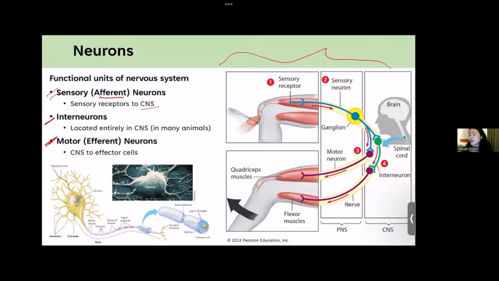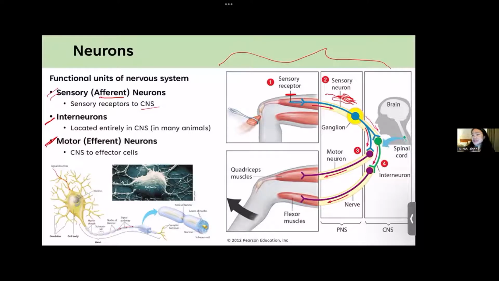These sensory neurons here detect the sensation, this stretch in the muscle essentially, and convert this environmental stimulus into nerve impulses. So these nerve impulses will travel down the sensory neuron, this blue neuron, into the central nervous system.